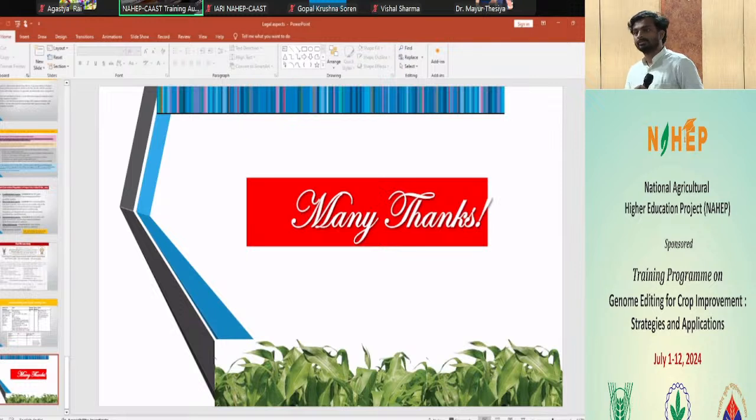Okay, sir. But any software which is protected under copyright doesn't mean that if you use that software to design a guide RNA or something, you need the permission of the copyright holder. No, it's not that case. A guide RNA can be designed without taking permission from the copyright holder.